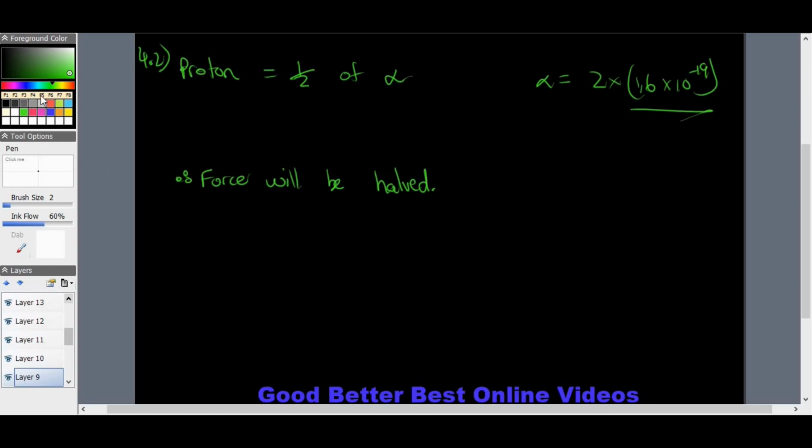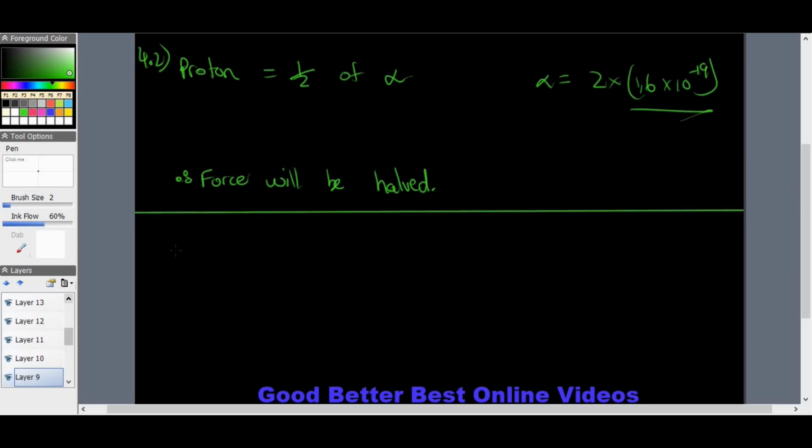Do you understand the explanation? Referring to the question, sure, I'll re-explain. So an alpha is 2 times that of a proton. A proton is half that of an alpha particle. So let me just not be lazy.